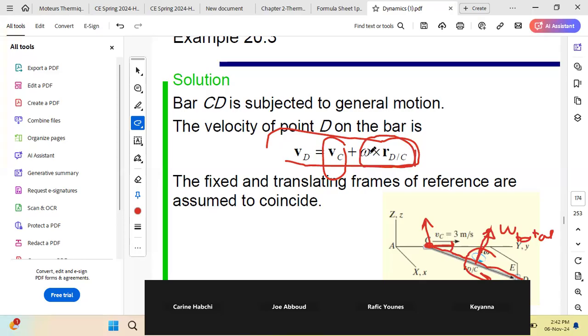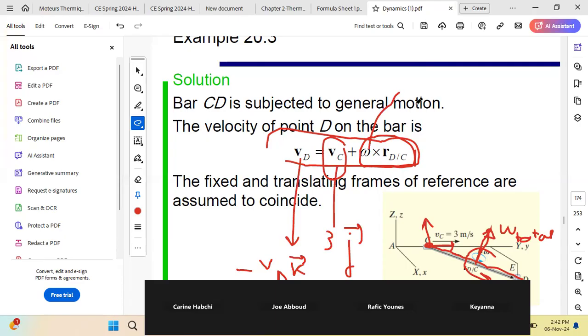And when we want to do the calculation, we say that VD is minus VD k, VC is 3j, and now we have that omega is decomposed into the component of rotation.